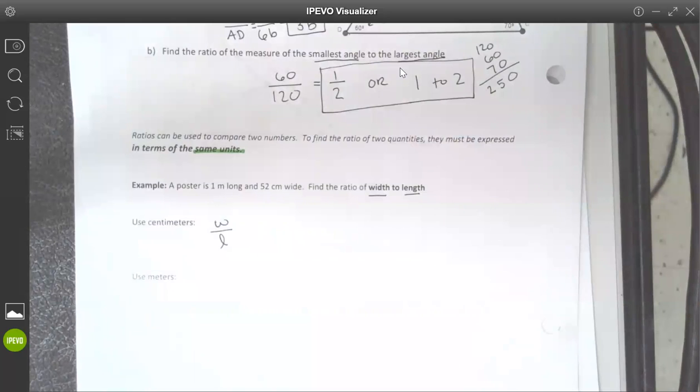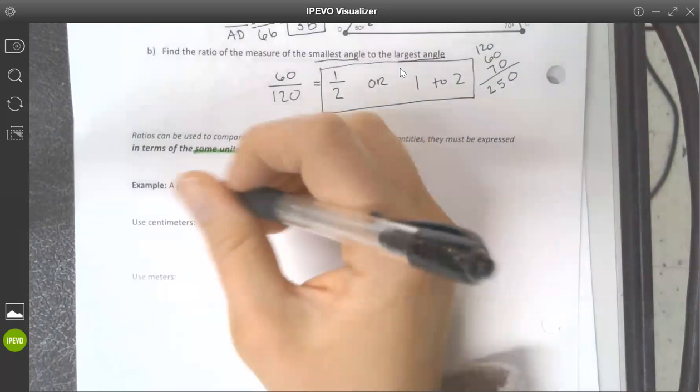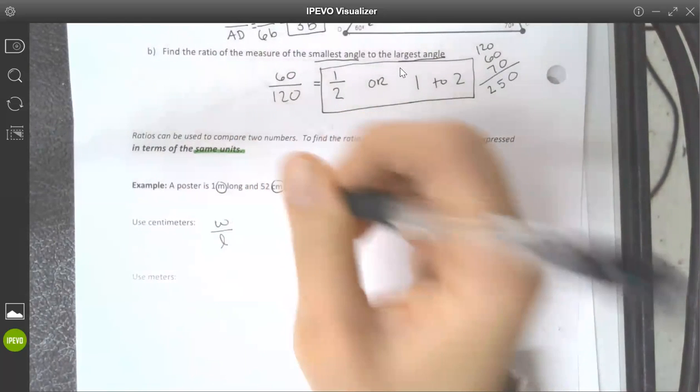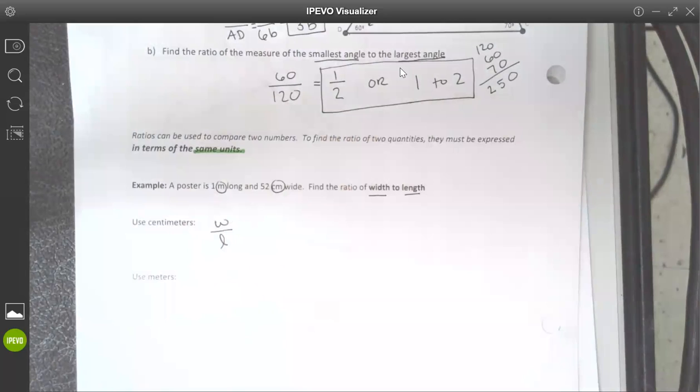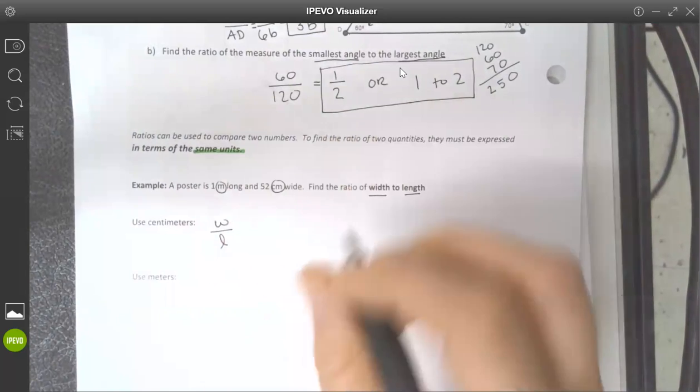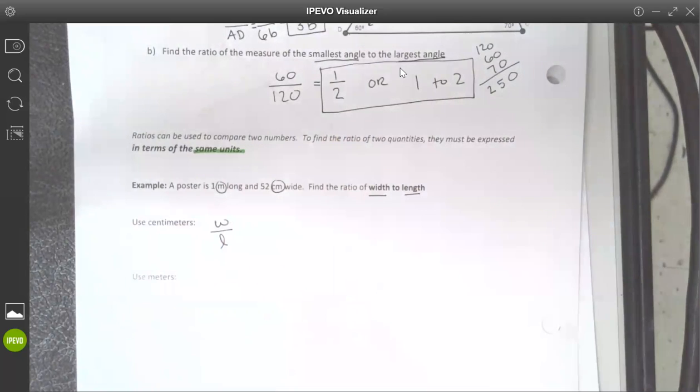I can't find the ratio using two different units. So this is meters and this is centimeters. I can choose which units I use. So I could either go with, well, I'll make everything centimeters. So if I made everything centimeters, how many centimeters are there in a meter? Anyone know?